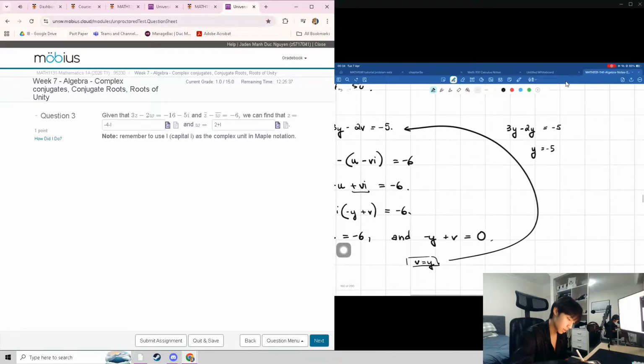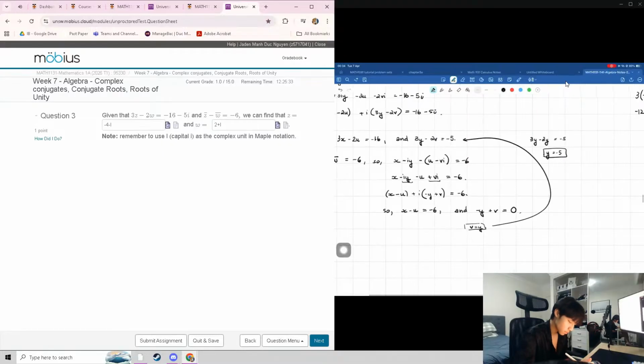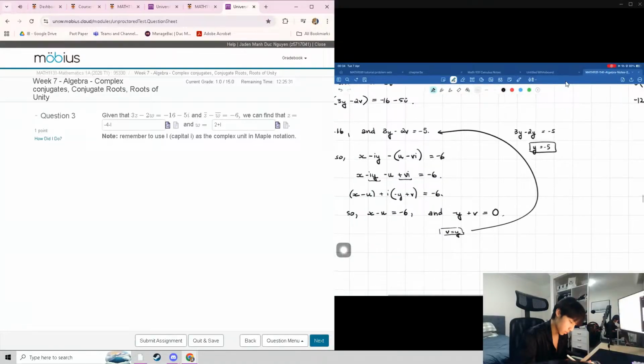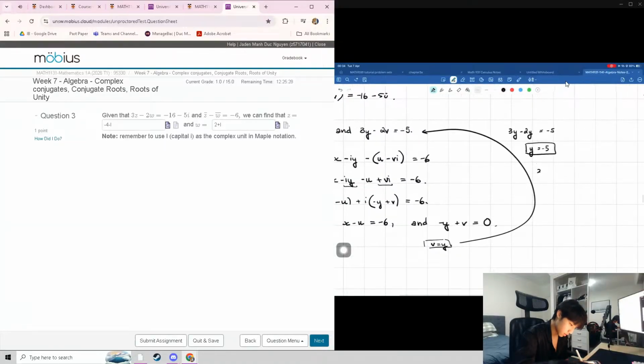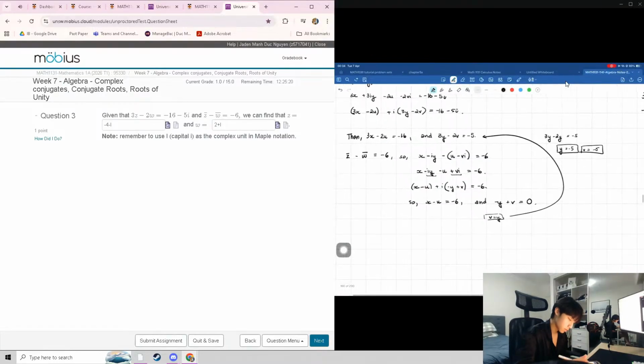Yes, completely different answer then. And we also get 3, we get v minus 5. I think that might have been our mistake. Everything else is right. So let's just change that up.